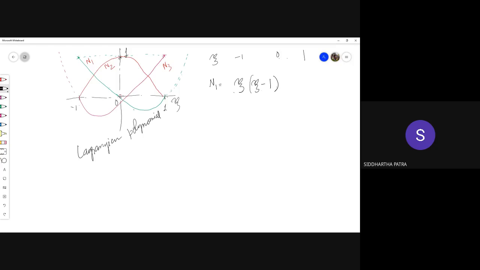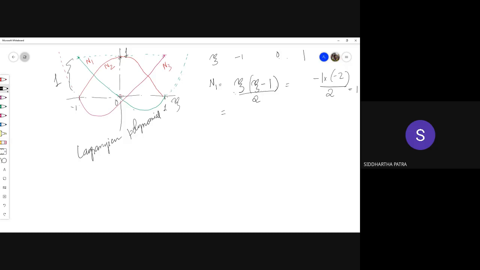But it must also be equal to 1 at node 1. If I substitute xi equals -1, it is going to be -1 times -2, which would be 2. So I need to divide this by 2 so that I get a value of 1.